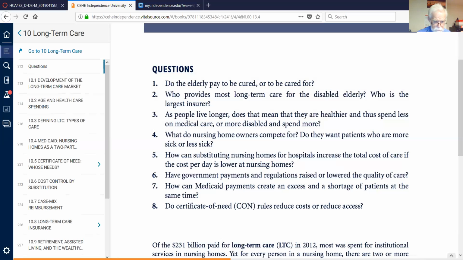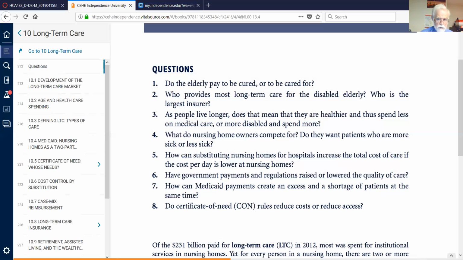And on the issue of long-term care insurance, it's quite clear that the less sick patients are easier to care for. They require less direct care. They require fewer resources.